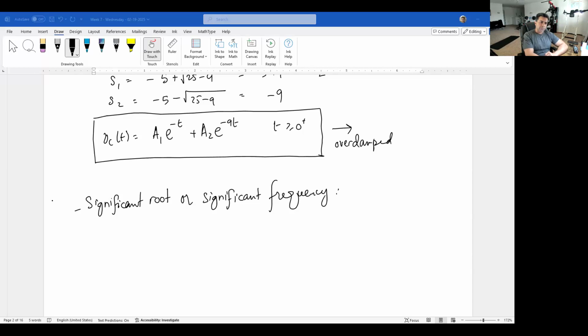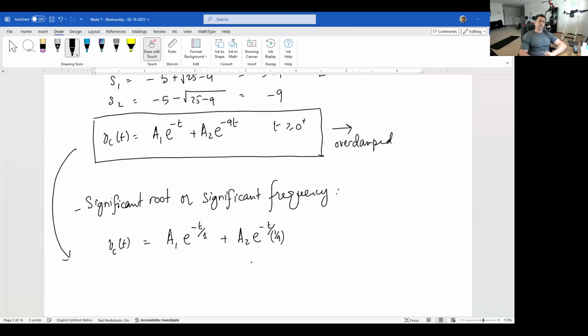We can write this in terms of time constant as well. Remember, we discussed time constant last time, in the last chapter. In terms of time constant, we can write this down as A1 e to the power negative t over 1 plus A2 e to the power negative t over 1 divided by 9. So A e to the power negative t over tau, that was what we discussed as the natural response of RC and RL circuits.